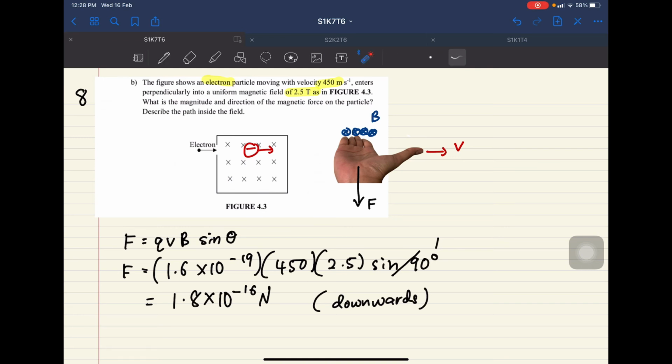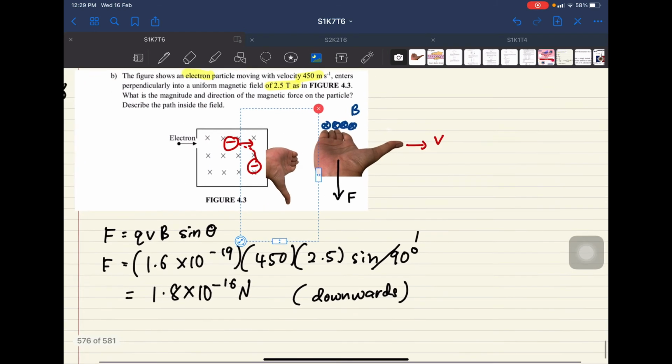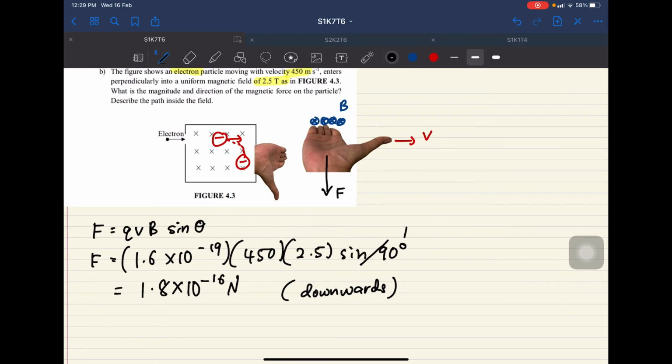So you can imagine that because this one is moving downwards over there, it starts to produce a circular motion. Over there the force is downwards. Over here it will be to the left, using this hand: magnetic field stays into the page, back slap, so force is to the left, and then it starts moving in this direction.